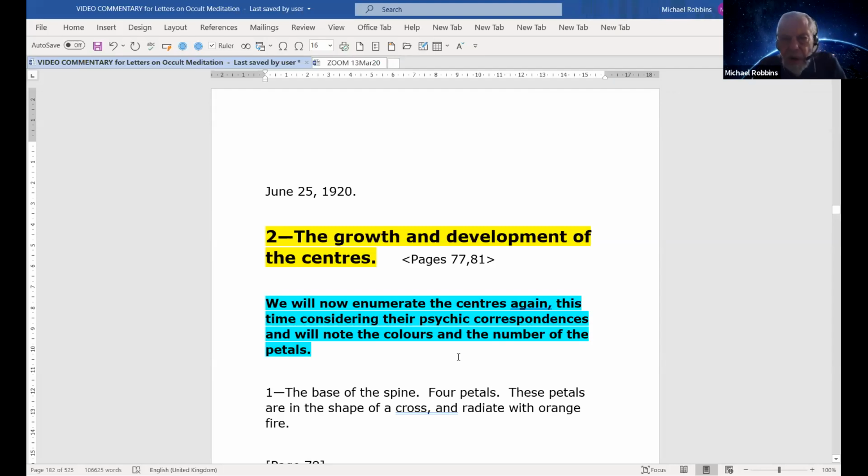They are oftentimes multiples of 4. Yeah. 3 times 4, 4 times 4, 2 times 4. I think there is a center with 8 petals. It's not one of the ones usually referred to.